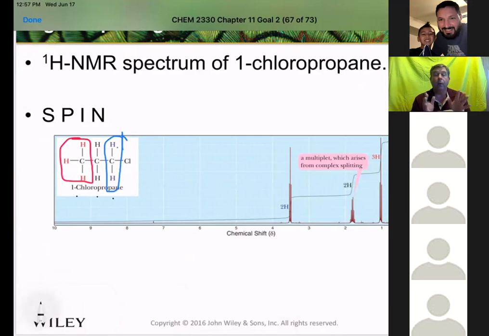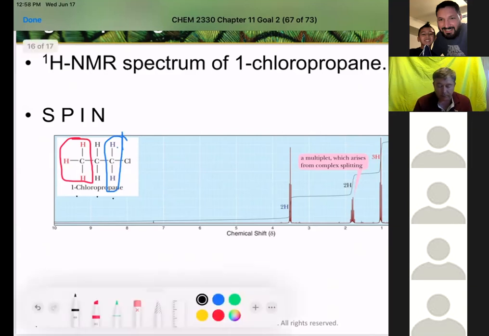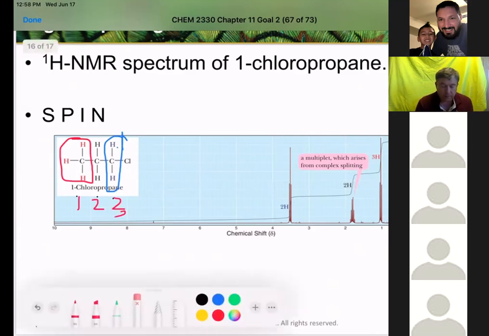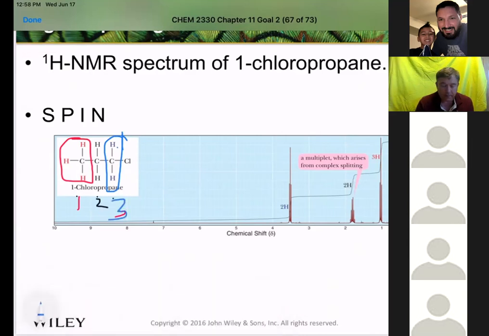Now we have position. When we think about position, let's look at the one in red here first. We're going to call this 1, this 2, and this 3 just arbitrarily. Actually, let me do them in different colors. Okay, so we've done number of peaks, 1, 2, and 3.